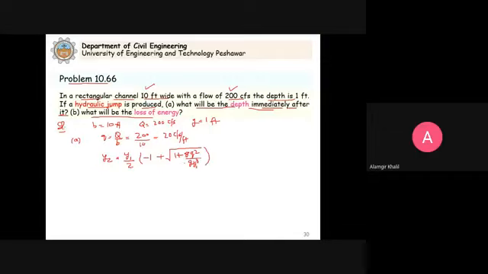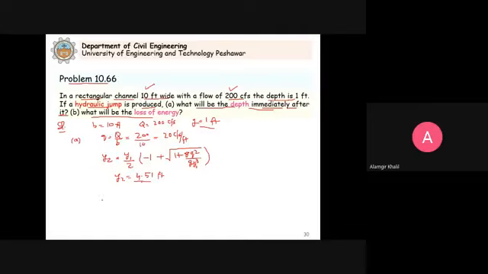So now you just need to put the values. We know the value of y1, which is given here, 1 foot, and small q we already calculated, 20 CFS per foot. So you will be able to calculate y2, that will be equal to 4.51 feet. So this is the depth immediately after the jump.